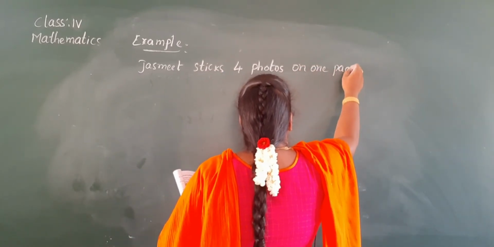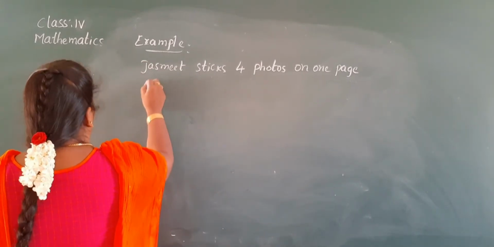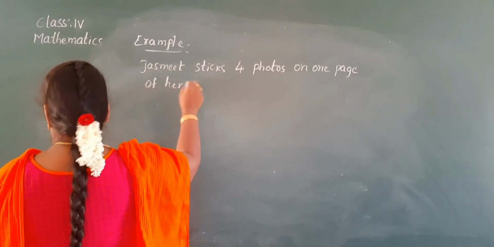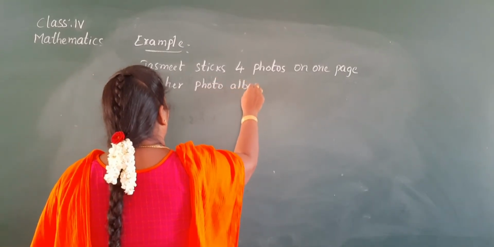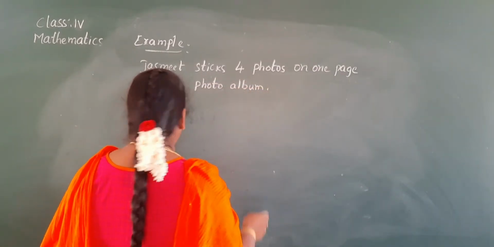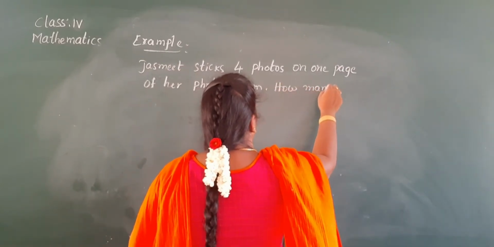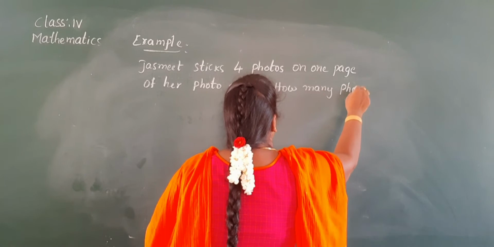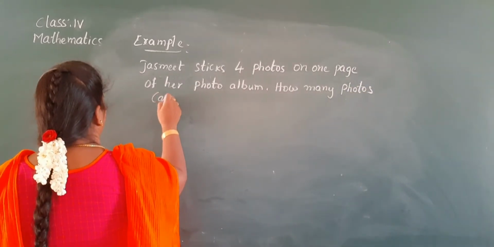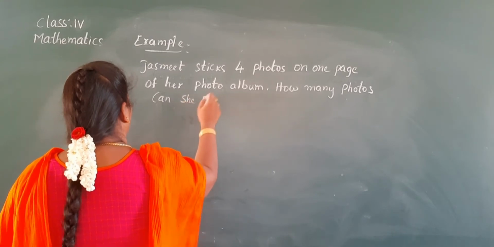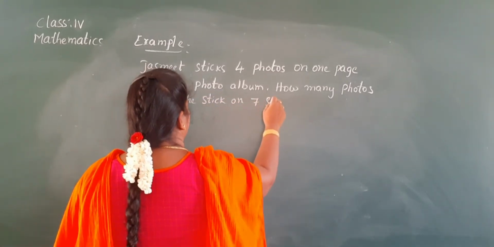So Jasmeet sticks 4 photos on one page of her photo album. How many photos can she stick on 7 such pages?